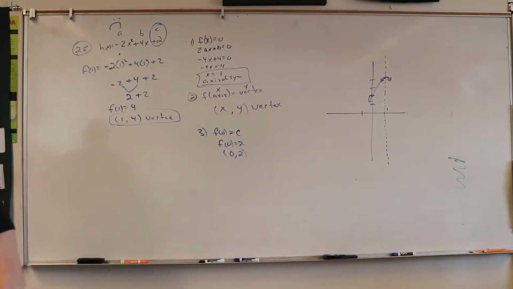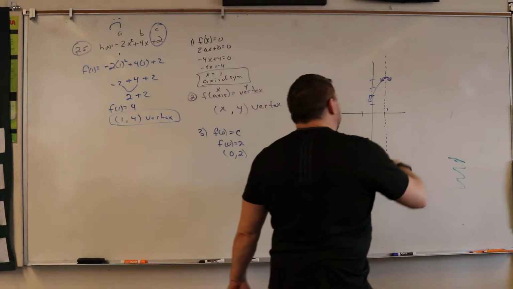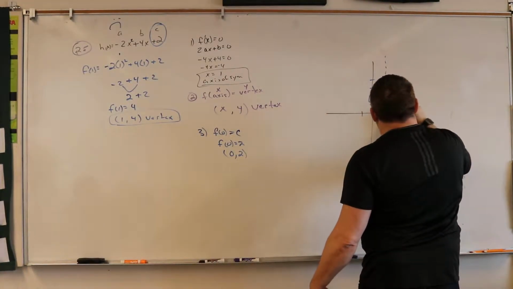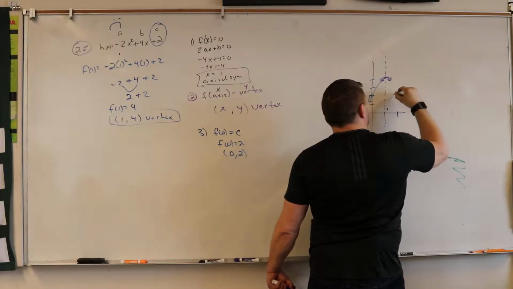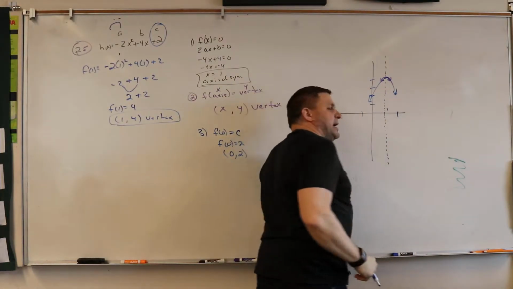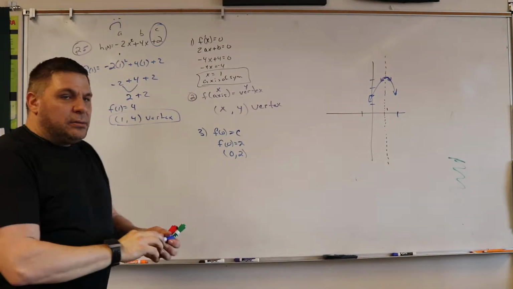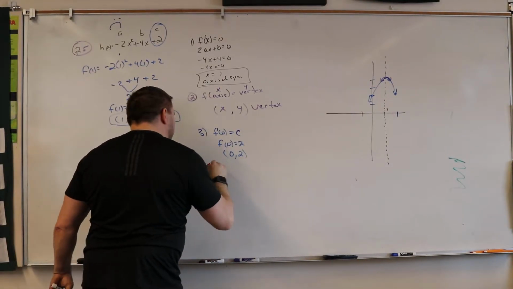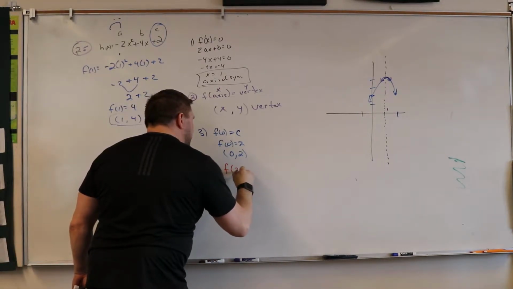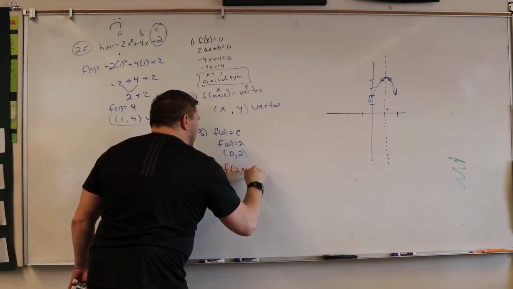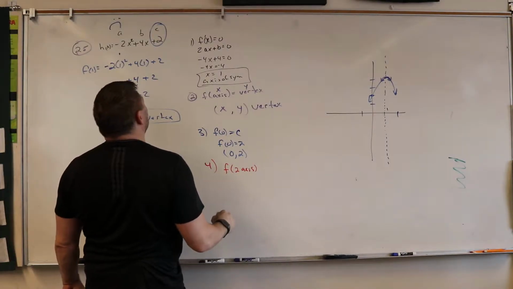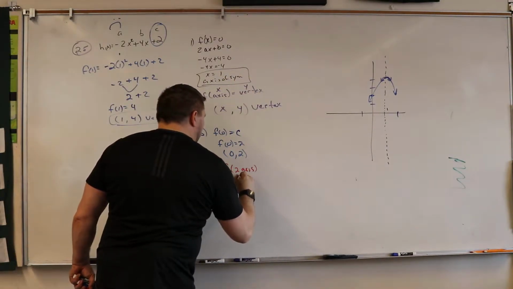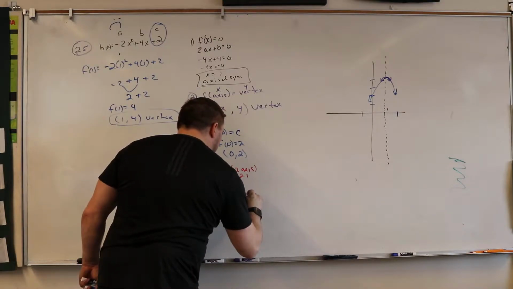We didn't get down to the x yet. But if I want to plot this point, it's going to be 1 away from the axis, coming down here. That's the fourth step, f of 2 times the axis. In our case, the axis is 1, so 2 times 1 is 2.